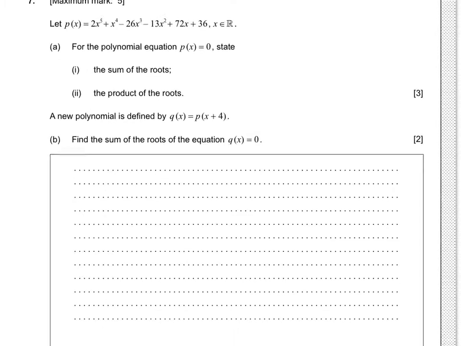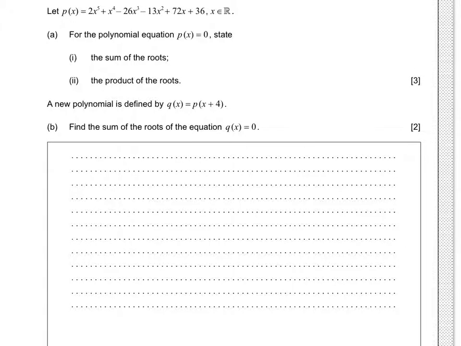This question is about polynomials. We've got a polynomial there, p of x. For the equation p of x equals 0, state the sum of the roots and the product of the roots. This is all about, well, the sum of the roots, alpha plus beta plus gamma. We've seen this.